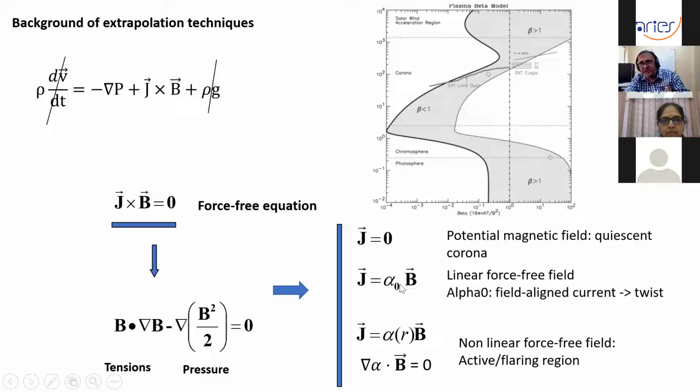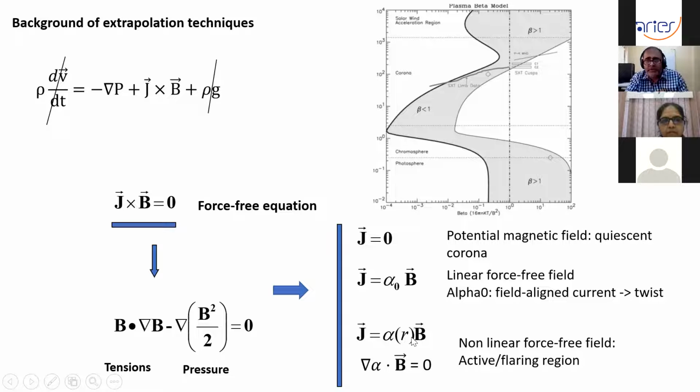But observationally, we once again see that that is not the case, because different field lines can have different twists. So this is called a linear force-free field. Although it is analytically solvable, there are other issues like constant twist, and there is another issue of energy.